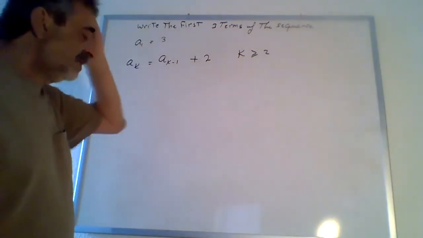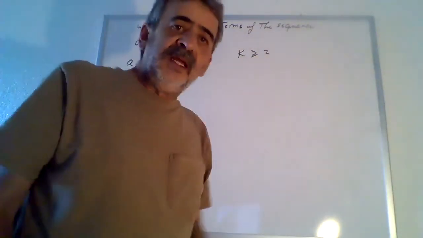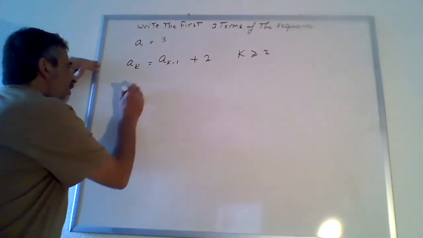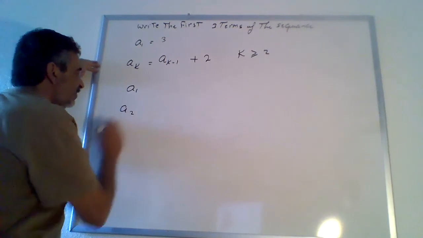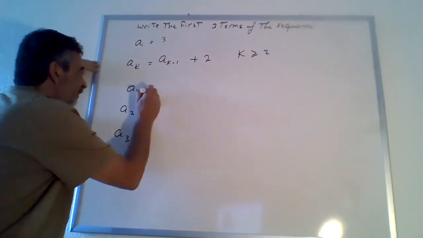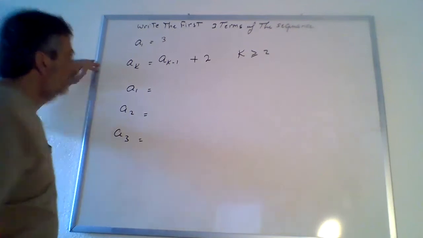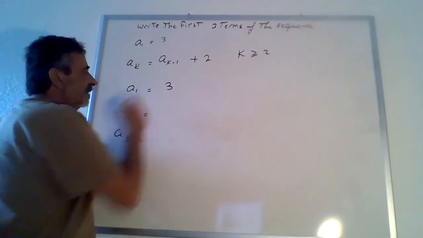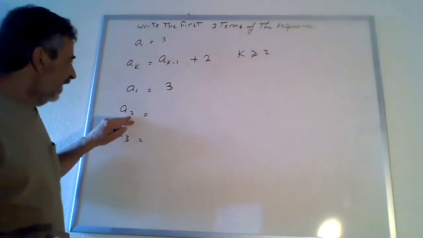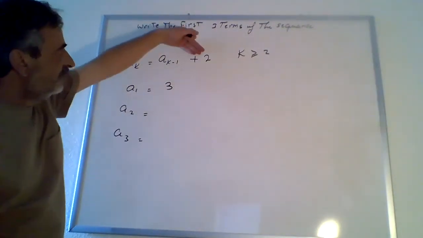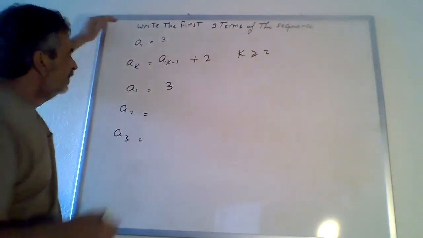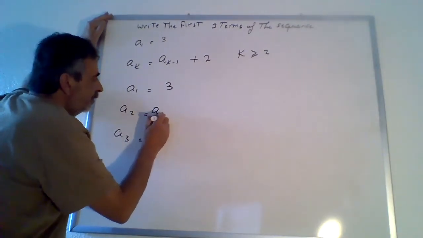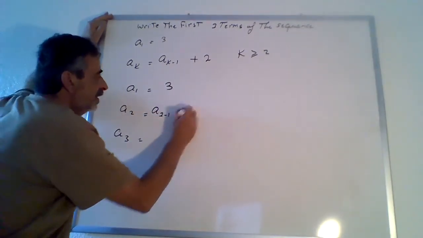In this particular question, we are looking for the first 3 terms of the sequence. In another way, we're looking for A1, A2, A3. Since it's a recursive sequence, A1 is given as 3. A2, according to the formula for the k terms, has to be A(2 minus 1) plus 2.